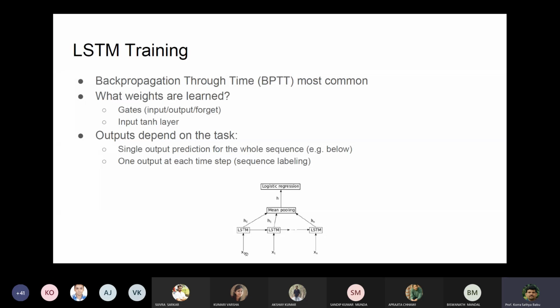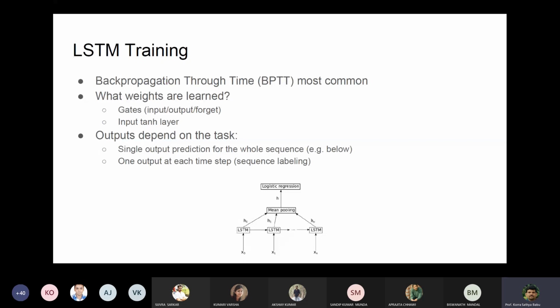So x0, x1, x2, x3, these are the different inputs passed through LSTM, and then you do the mean pooling, and then the output is taken using some logistic regression. Or you give one output at each time step, maybe for sequence labeling situations, like one output for each step, like language translation. Suppose you are doing direct, word to word translation, then the output differs.